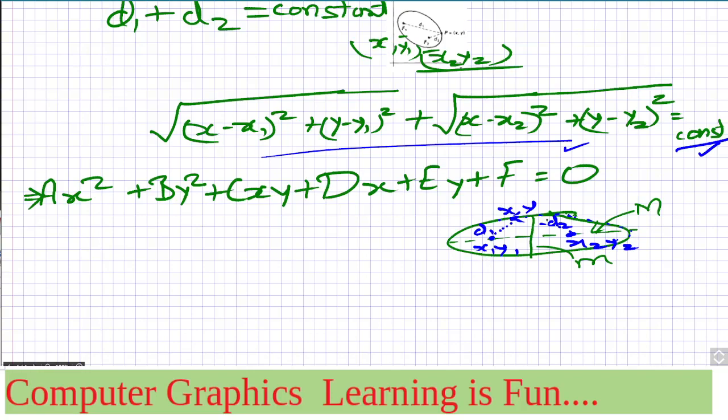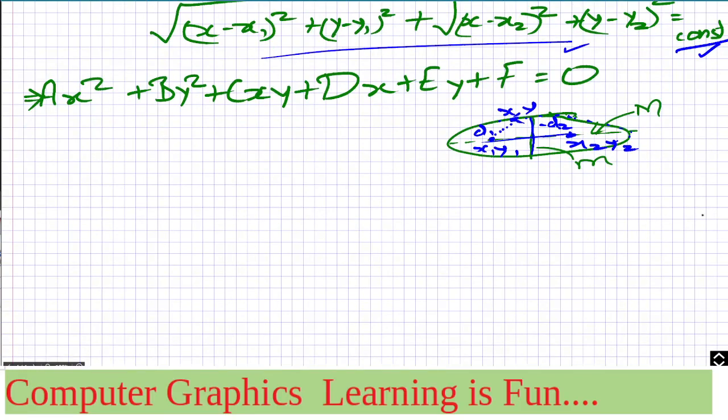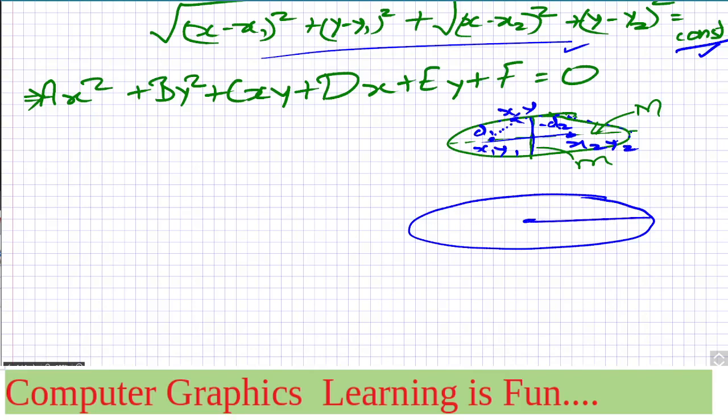Now if we are aware of the major axis as well as the minor axis, then something can be simplified. How can it be simplified? Suppose this is your ellipse, and this is your center. This is your major axis. On this axis, this portion we call Rx, the radius in the x direction, and this we call Ry, the radius in the y direction.